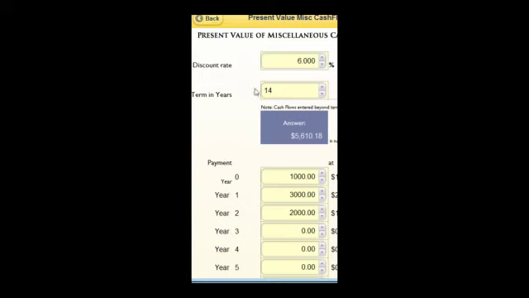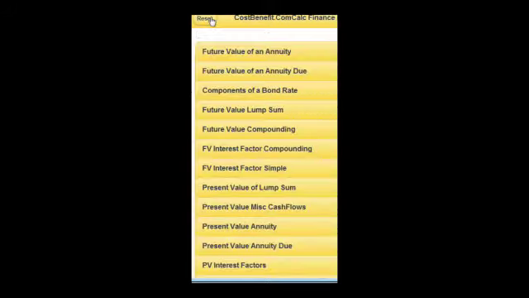We can go all the way to 50 years in these things. So you can make an analysis over a 50-year period. And that's just what's to come in this software. Very powerful. Less error prone.